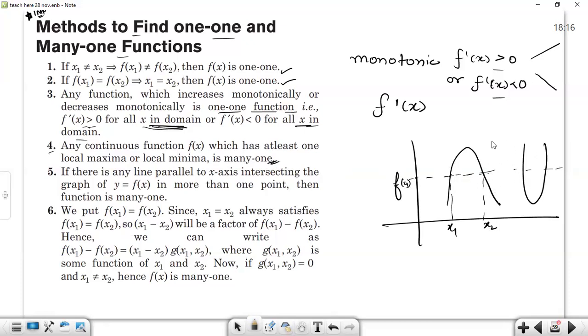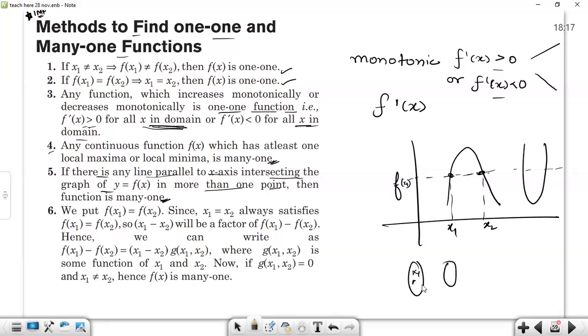What we are doing here, and earlier also, is checking the function's graph. If any line parallel to the x-axis intersects the graph in more than one point, then the function is many-one, because for two different values of x, the value of the function comes out the same.